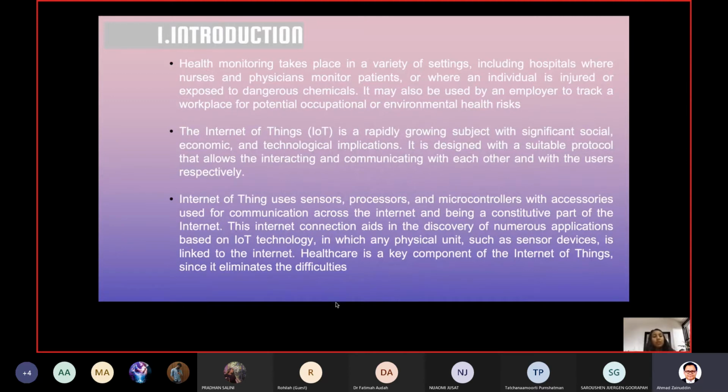Here I've used IoT, the Internet of Things, a growing subject with significant social, economic, and technological implications, used with sensors, processors, and microcontrollers, with accessories to communicate across the internet and being a constitutive part of the internet. Healthcare is a basic and important component in today's world, and we can fight and eliminate different kinds of diseases by knowing our heart rate, pulse rate, and heart sound.